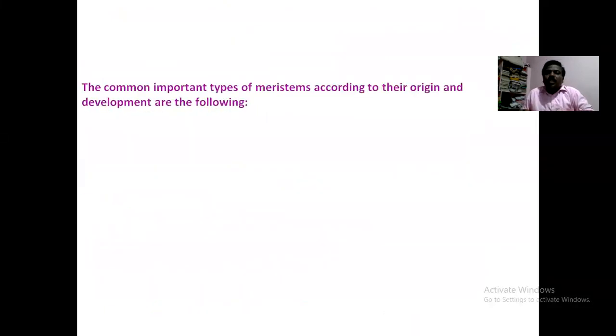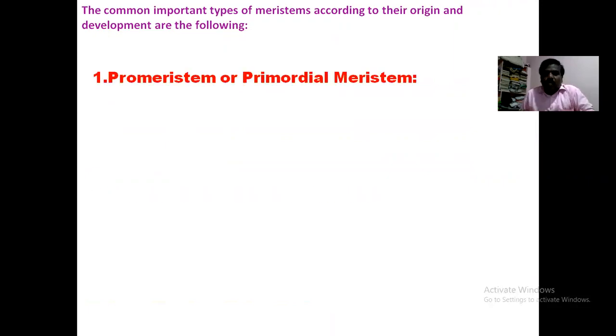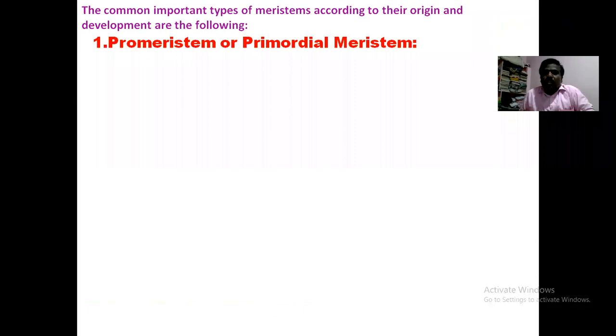The common important types of meristematic tissue in the primary structure of plants, according to their origin and development, are three. The first is promeristem, or primordial meristem.